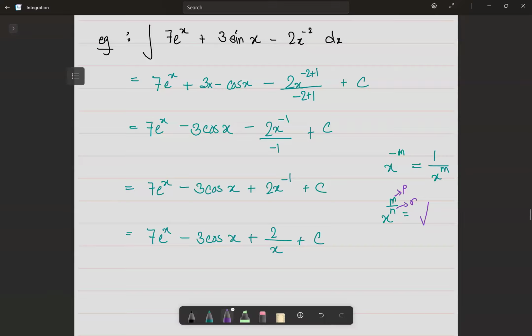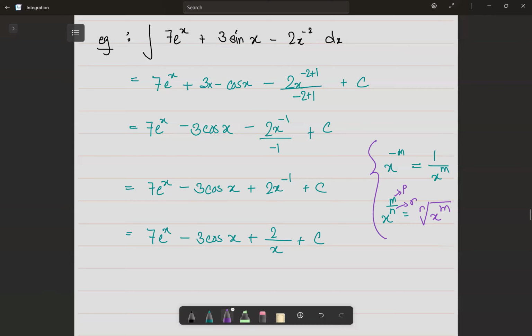So nth root of x to the power of m. You have to write these conversions if you get a negative or a fractional power in case of algebraic integration.